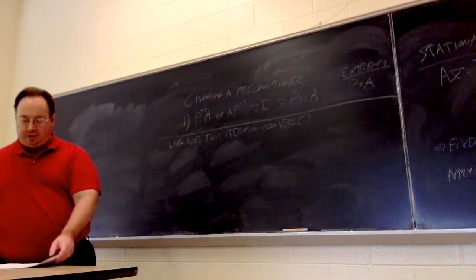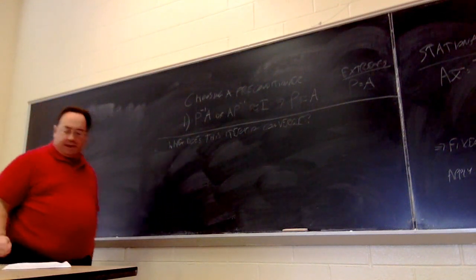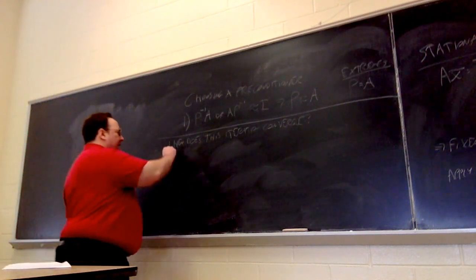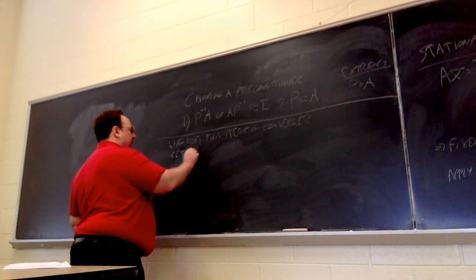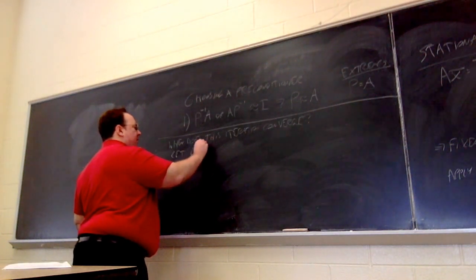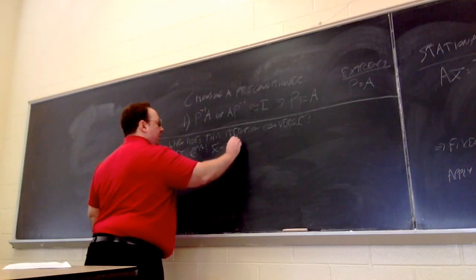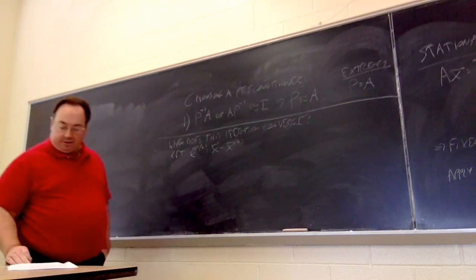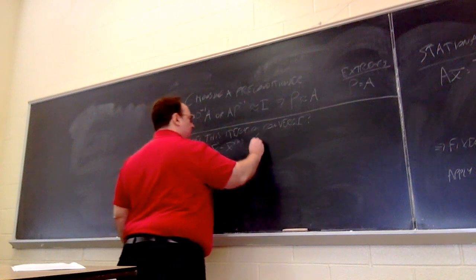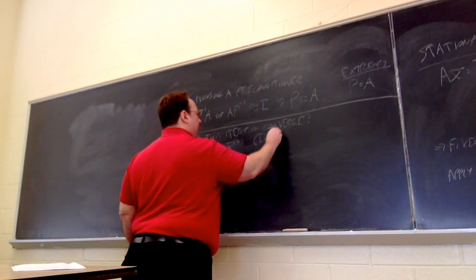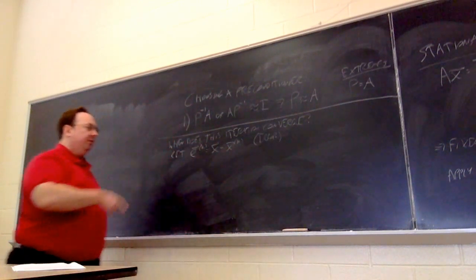When does this iteration converge? So for that, I'm going to define the error to be the exact solution minus our iterate. Because naturally, we want this error to go to 0.